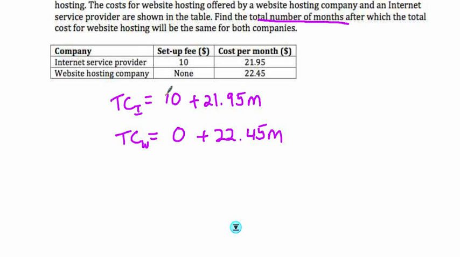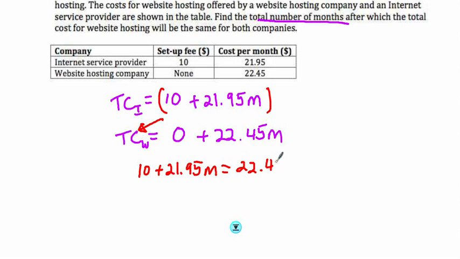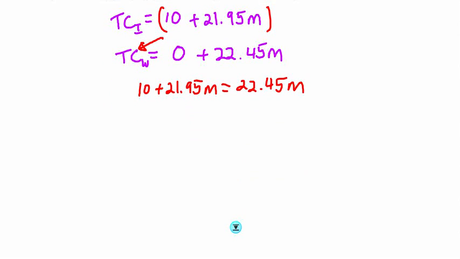We are substituting in the 10 plus 21.95m in the place of total cost because we want those two to be the same. And so we end up with 10 plus 21.95m is equal to 22.45m. We now have our equation with only one unknown.